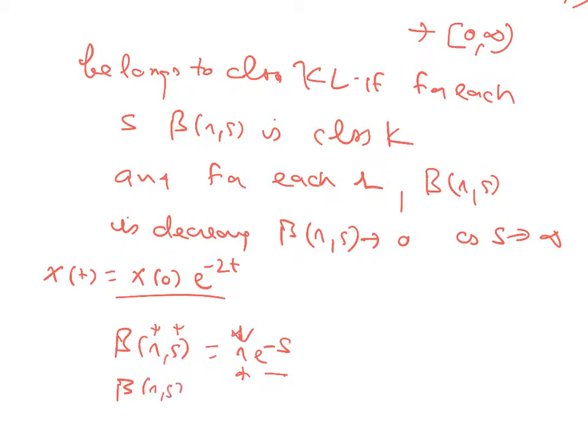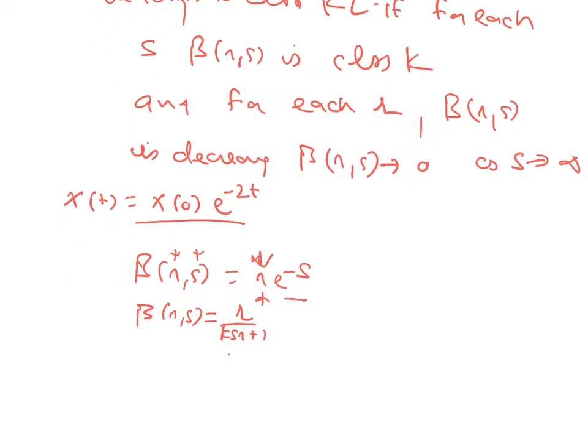Another example: beta(r, s) = r over (s r plus 1). This is also a KL function. If you fix s and increase r, it will increase.